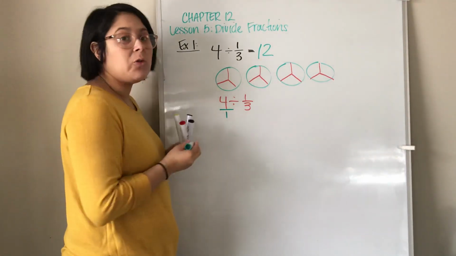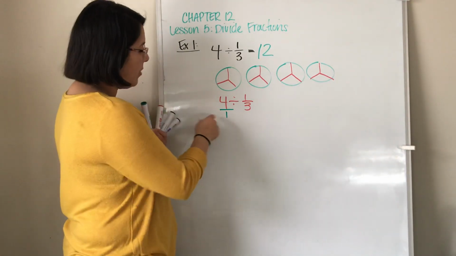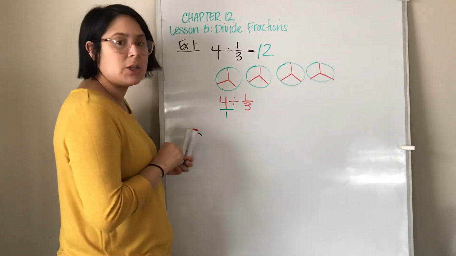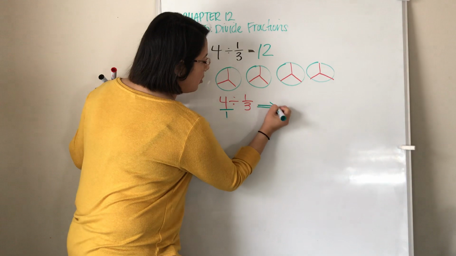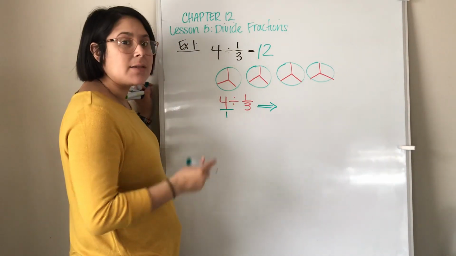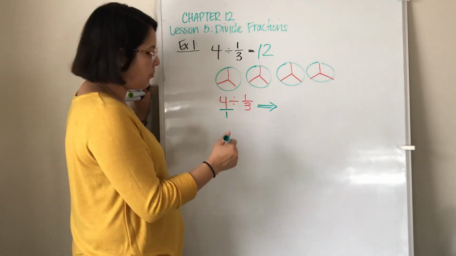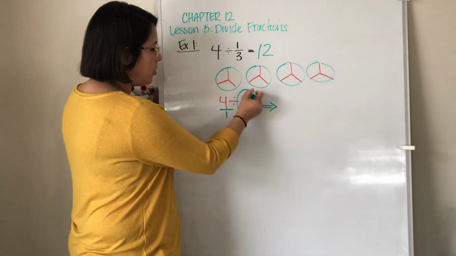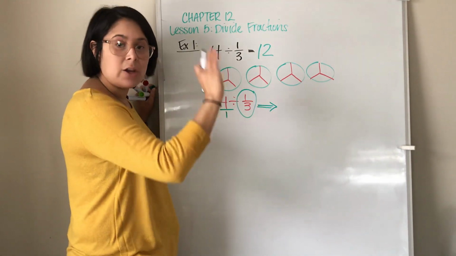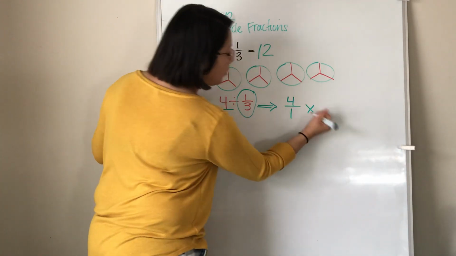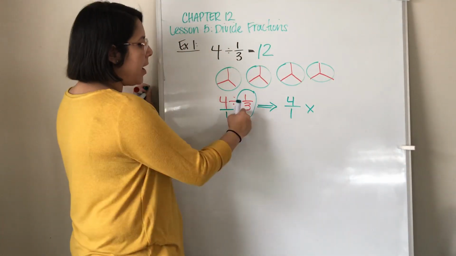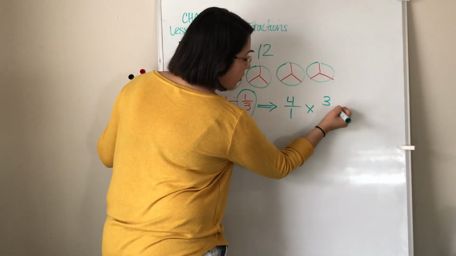Remember, if you have a whole number, you need to write that imaginary 1 right there so it can turn into a fraction. So this is going to turn into, step 1 says multiply by the reciprocal. This number, always the second number, is the one that you're going to switch. So we've got 4/1, multiply means times, by the reciprocal. I'm going to switch it around.